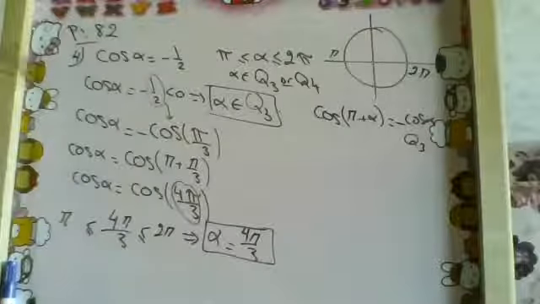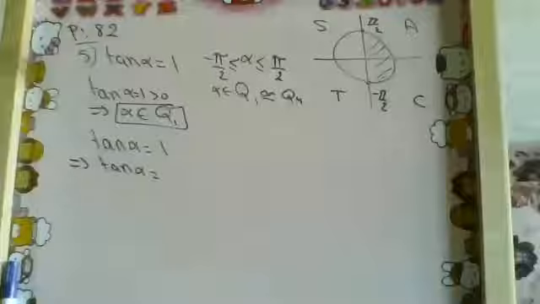From the table, tangent is equal to 1 at pi over 4, since tangent alpha is sine over cosine. Pi over 4 is the only one that gives 1.